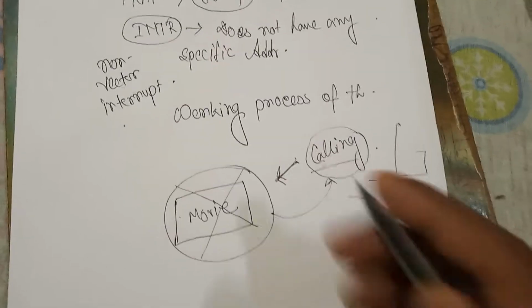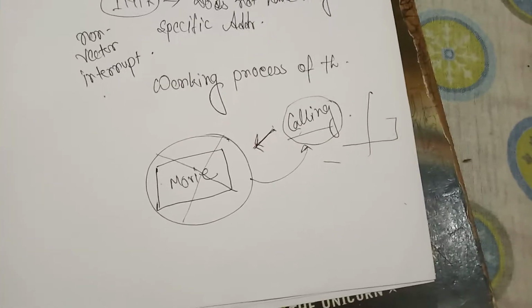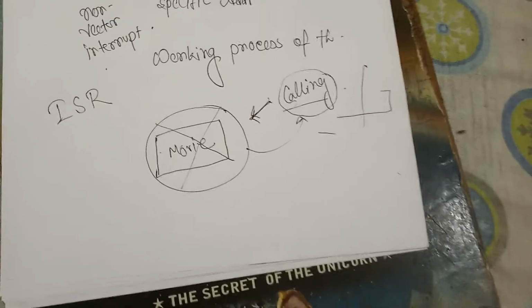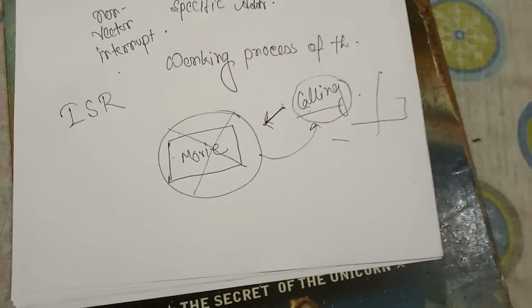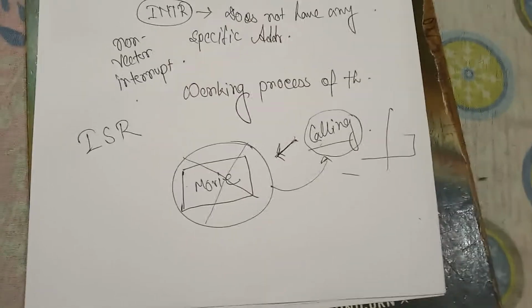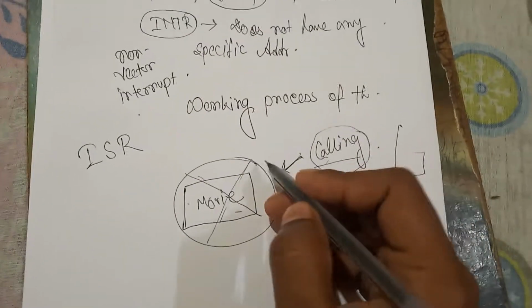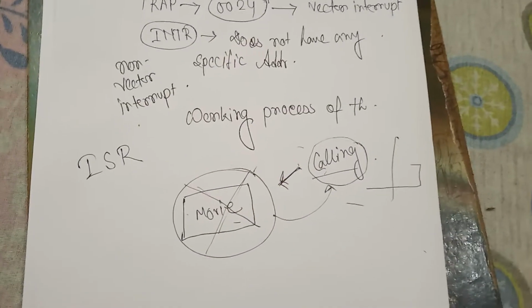Clear? So this process is done by a service routine. This is known as ISR, interrupt service routine. It will first stop the current ongoing execution and then serve the interrupt to its particular address.